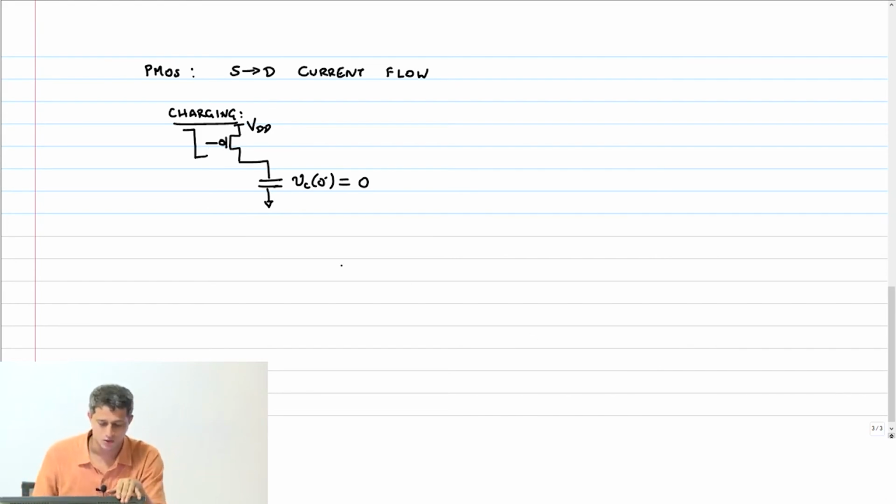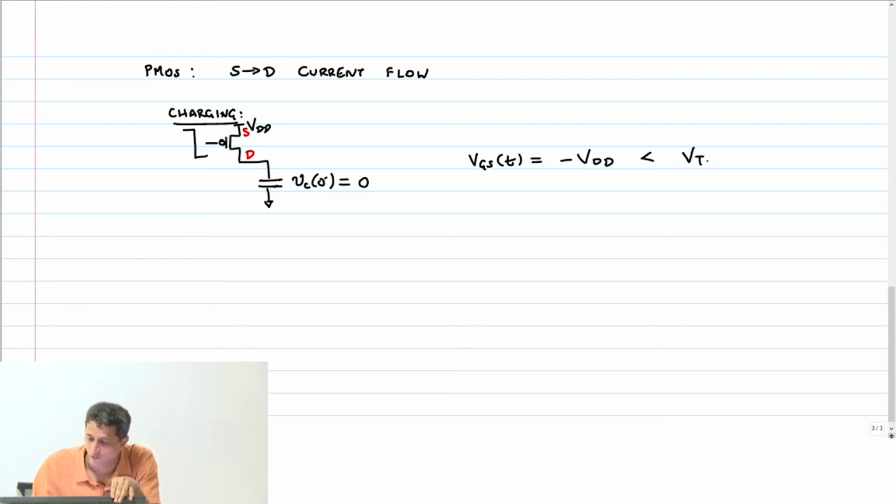Okay, so first, before we start, as usual, which is a drain, which is a source? VDD is source and this is drain. So which means that VGS of T is what? Minus VDD, which obviously is less than the VT of this transistor. Let me call it VTP. VTP is a negative number, right, which is obviously lesser than that, and therefore it will be turned on always.